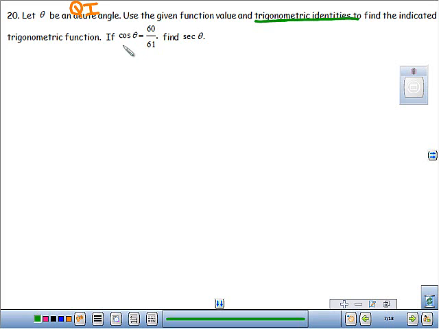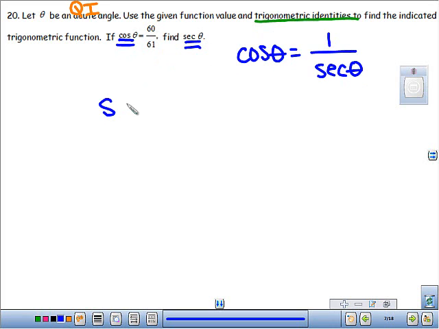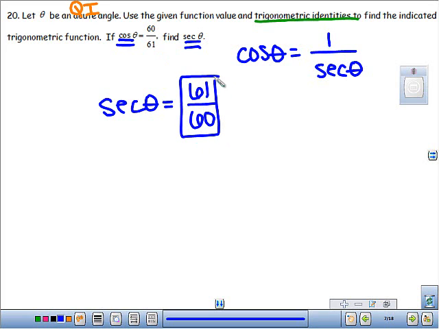This one should come to you quickly, I would hope. Cosine is the reciprocal of secant. How it's written in your notes, cosine is 1 over secant. All that means is flip your fraction. So secant at this angle would be 61 over 60. That one's that easy.